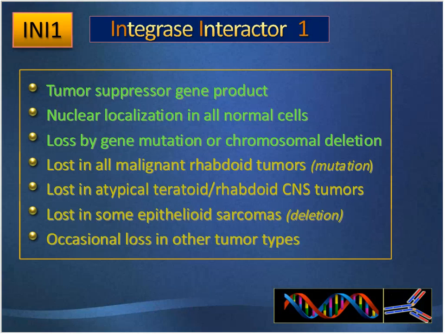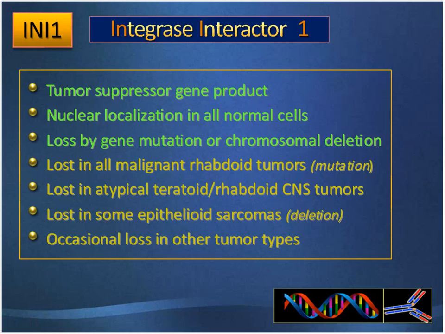It is lost in all malignant rhabdoid tumors by mutation, whether the rhabdoid tumor is renal or extrarenal, doesn't matter. It is a very good marker. The other tumor in which this proves to be extremely helpful is atypical teratoid rhabdoid CNS tumors. And these tumors are uniformly negative for INI1.